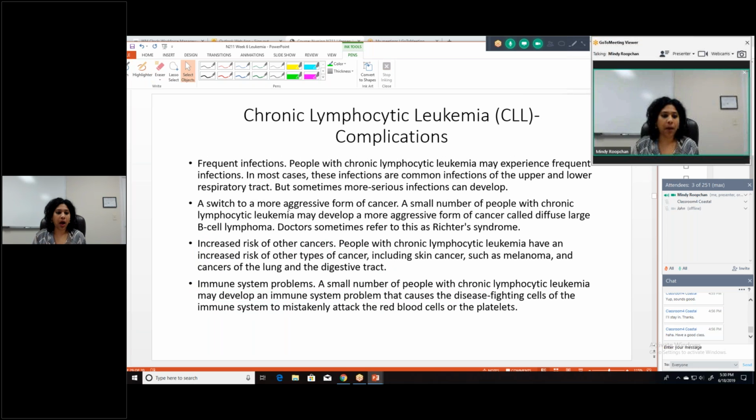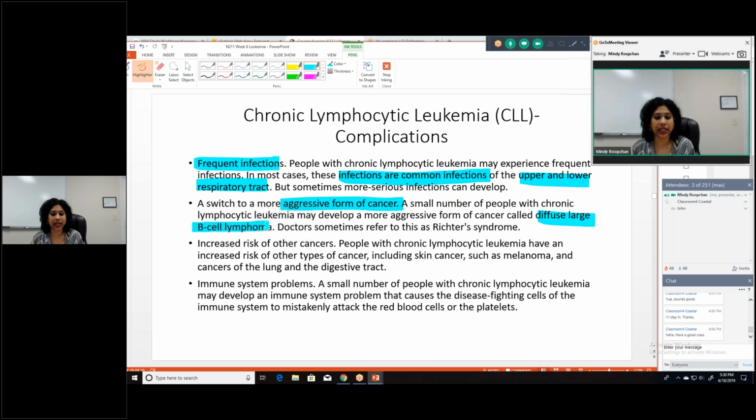Some complications that can happen. Frequent infections: people that have CLL are going to experience frequent infections, because think about where it's affecting. These infections are common in the upper and lower respiratory tract. A switch to more aggressive forms of cancer: people who have had chronic lymphocytic leukemia, or CLL, may also develop an aggressive form of cancer called diffuse large B-cell lymphoma, or Richter syndrome.